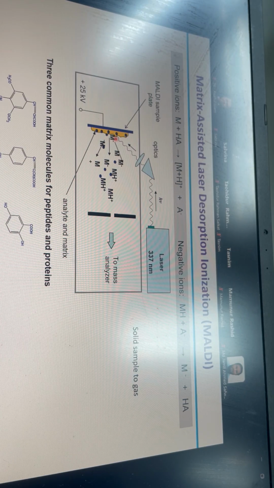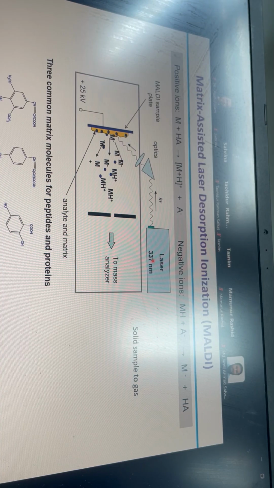In this case, you are ionizing from solid to gas phase directly. You are not using any solvent or anything. Well, you are using solvent, but you are depositing the sample as a solid sample in the MALDI plate. That's why it's called matrix assisted, because you are using sinapinic acid or a benzoic acid as a matrix and mixing your analyte with the matrix.